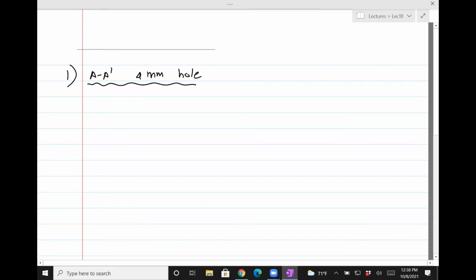Okay, so what we are interested in for the first case is there is the hole and it is 4 mm. Okay, so it's my bad. It's not the radius, it's the diameter which is 4 mm.